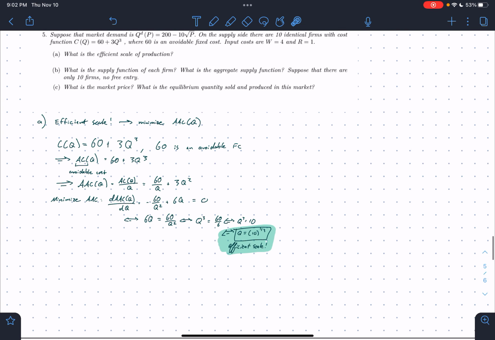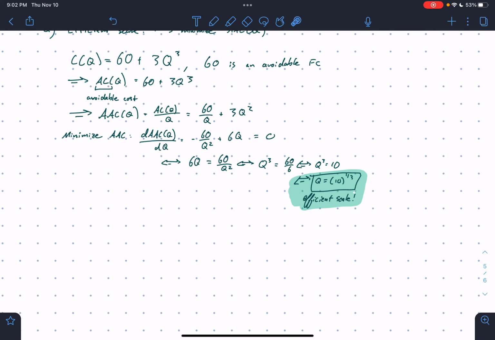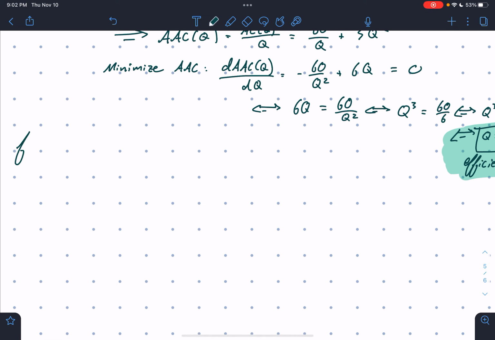Okay, so one thing that's useful to compute is, we found the efficient scale, now we're just going to find the AAC min.